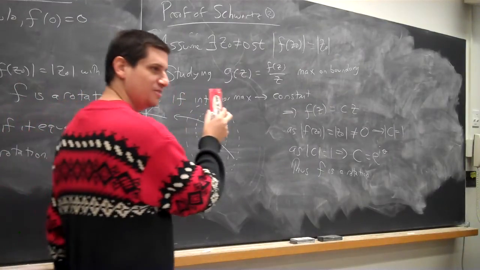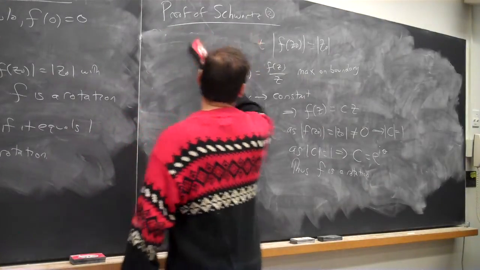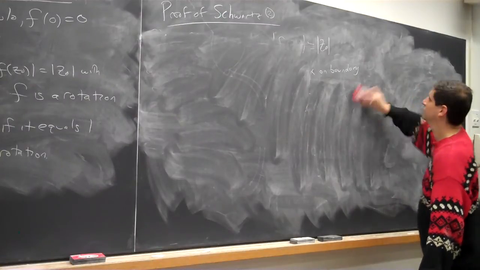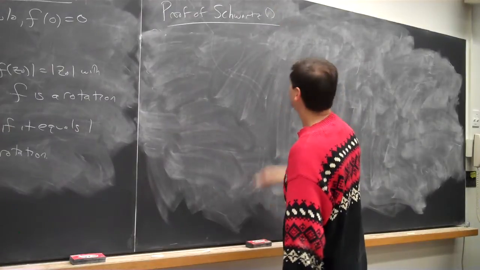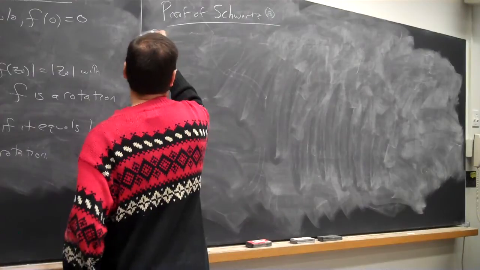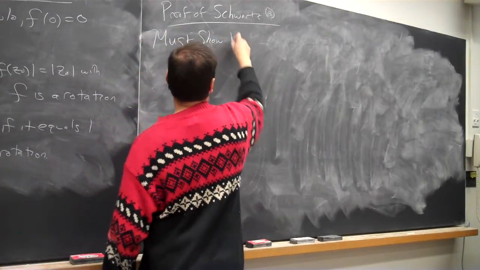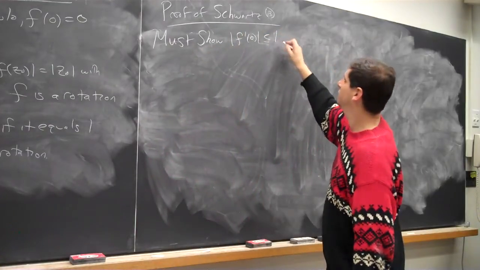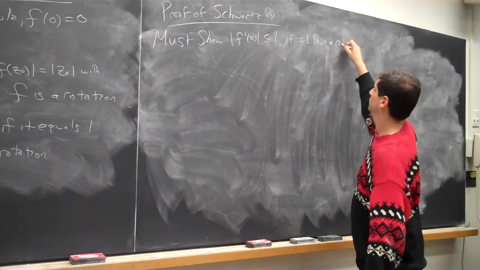Alright, can I erase this? Schwarz 3. There are at least two different ways of proving Schwarz 3. Okay, so Schwarz 3: you must show the absolute value of f prime of 0 is less than or equal to 1, and if it equals 1, then f is a rotation.